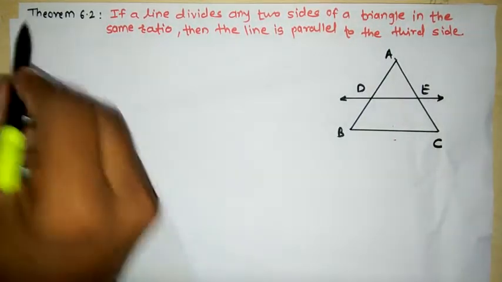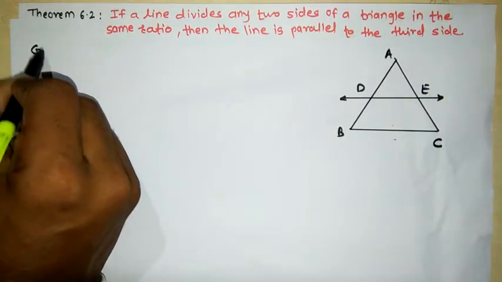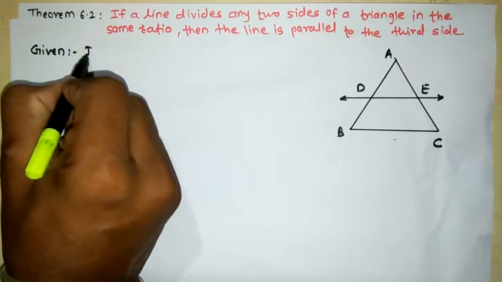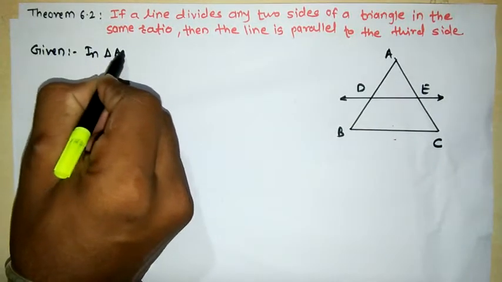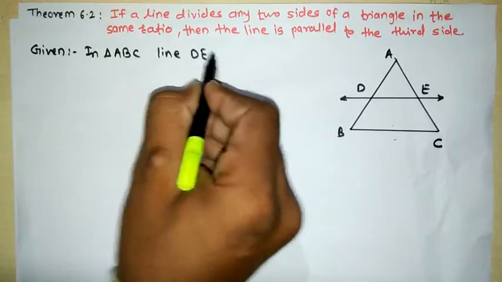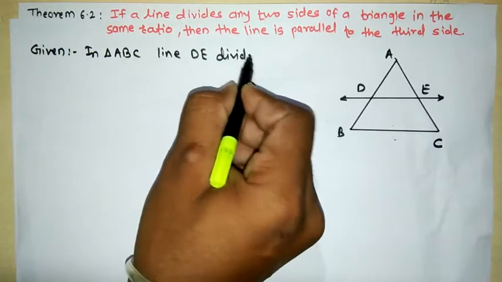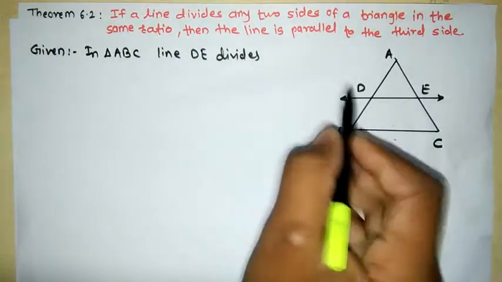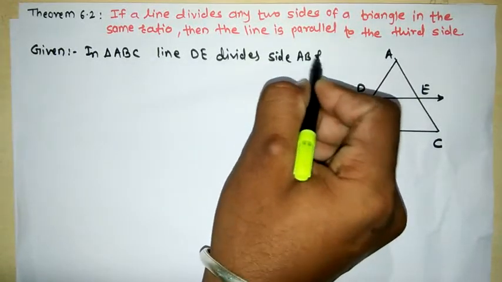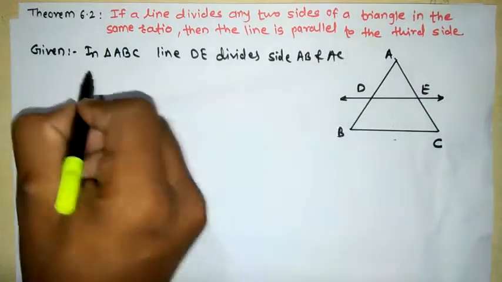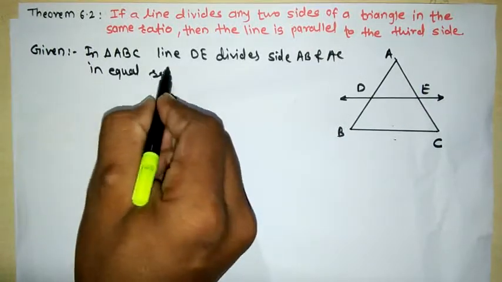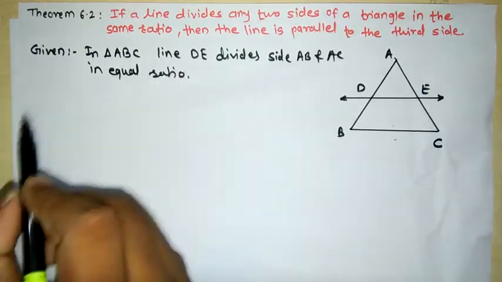Now see here, given: in triangle ABC, line DE divides side AB and AC in equal ratio.